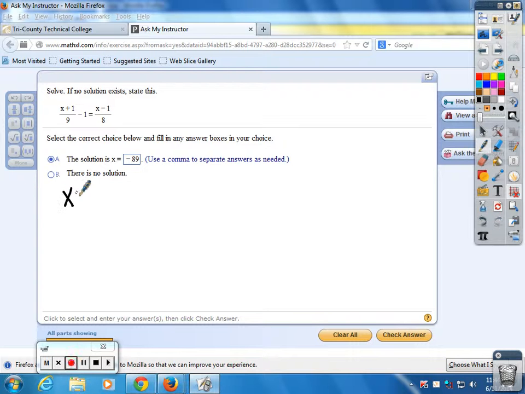X plus 1 over 9 minus 1 over 1 is equal to x minus 1 over 8.